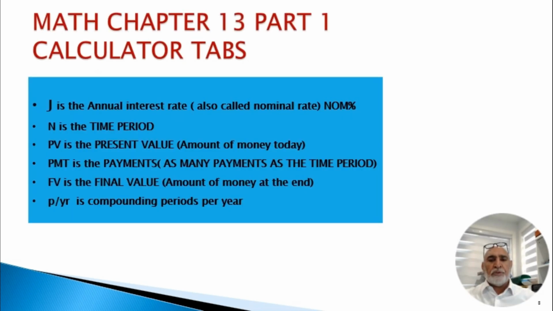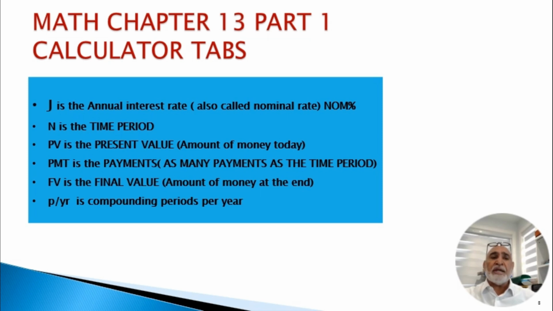If we were to introduce the variables and the language of finance math, we're not going to use capital I standing for interest rate. We're going to be using a capital J. There are a couple of different names for the capital J. Capital J stands for the interest rate per year.